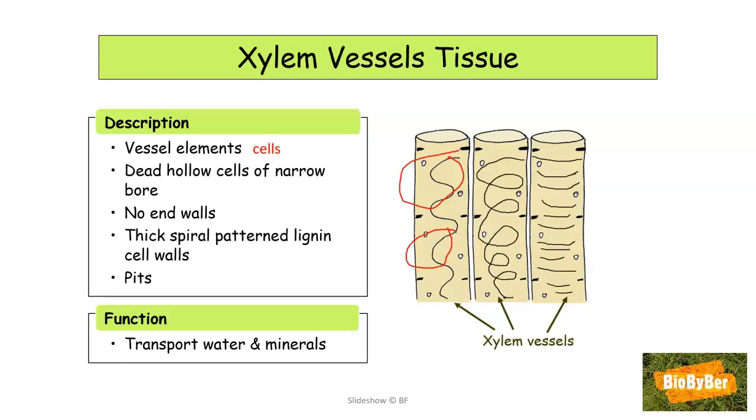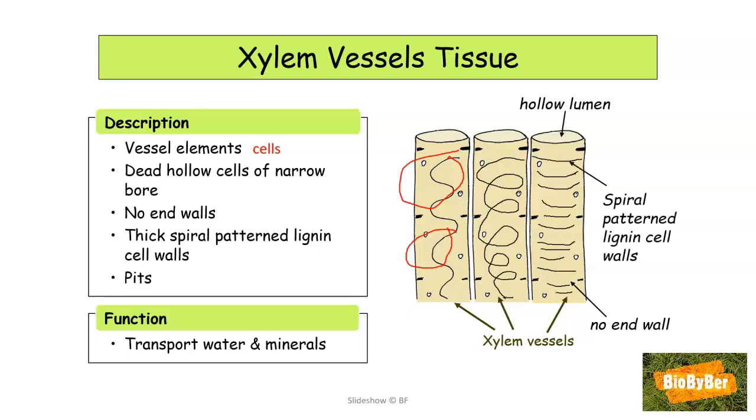The cells are dead, hollow, and very narrow. They have no end walls. They have thick, spiral-patterned lignin cell walls instead of cellulose. This lignin provides support for the xylem cells. They also have pits which allow the passage of water from cell to cell.